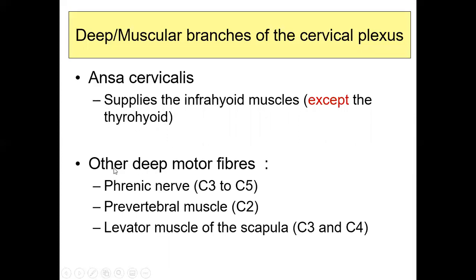Other deep motor fibers also branch from the deep muscular branches of the cervical plexus.